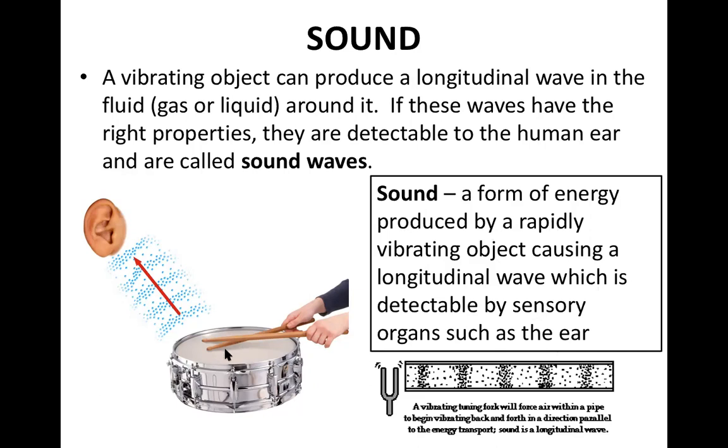In doing so, it pushes against the air just above it, causing a compression of air, and then that compression of air spreads out in the room, and eventually your ear detects the compression of air because your eardrum goes in and out based on the air compressions, as long as the air compressions are received at a certain rate over time.